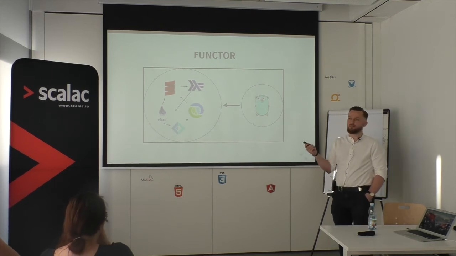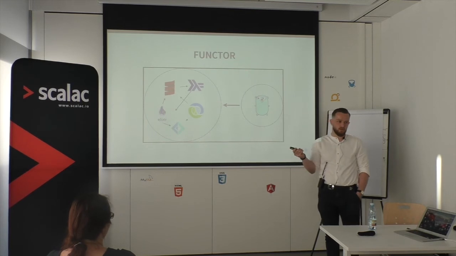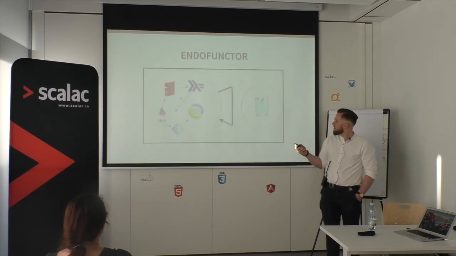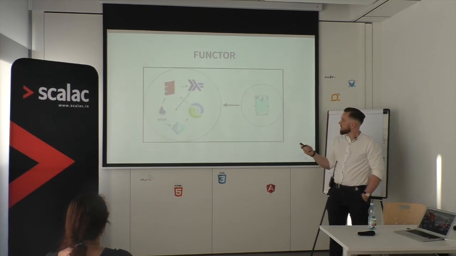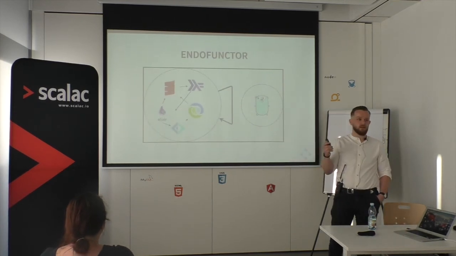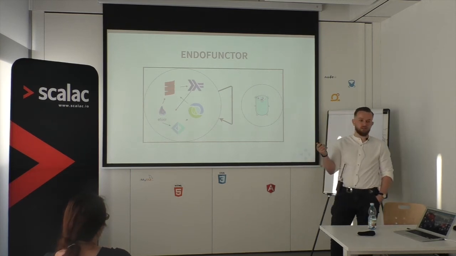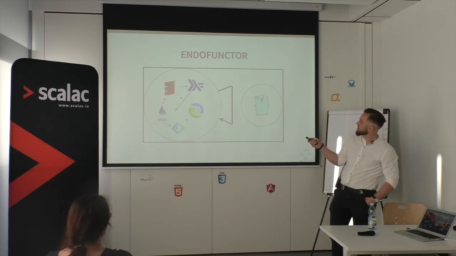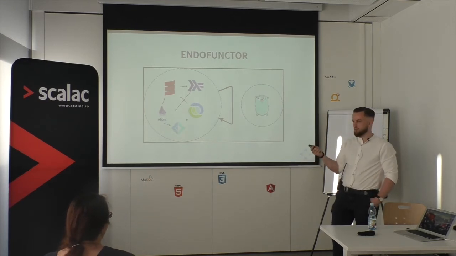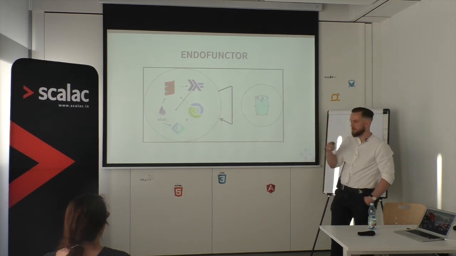And these functions transform all of the elements of the category and all of the arrows of this category. And the endofunctor is just such a function, but the start and the end of the arrow is the same category. So it's basically the function from all of the elements of this category into this category back again, so to all of the elements of this category and arrows as well.